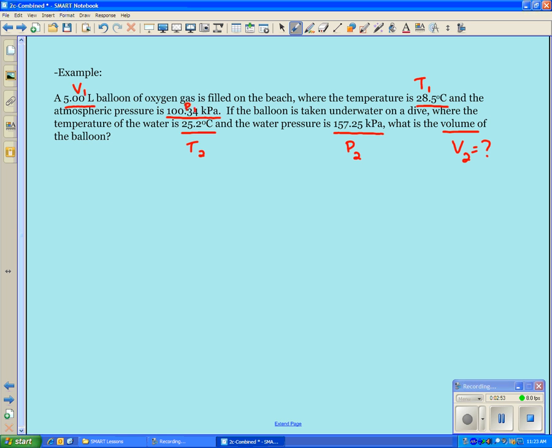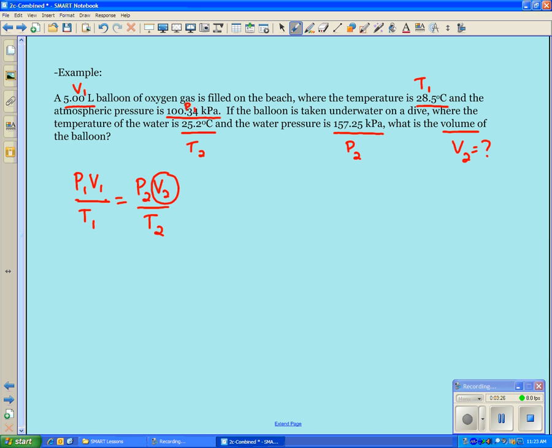So let's start looking at our formula and rearranging to solve for V2. If we take our combined gas law with P1 V1 over top of T1 and set that equal to P2 V2 over T2, we want to rearrange and solve for V2. So we need to move the pressure 2 and temperature 2 to the other side.